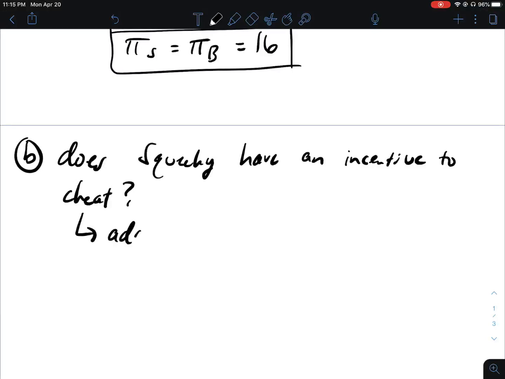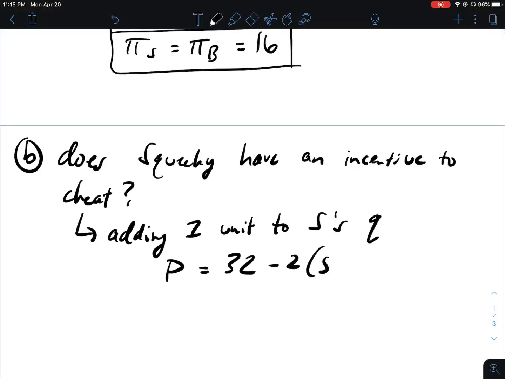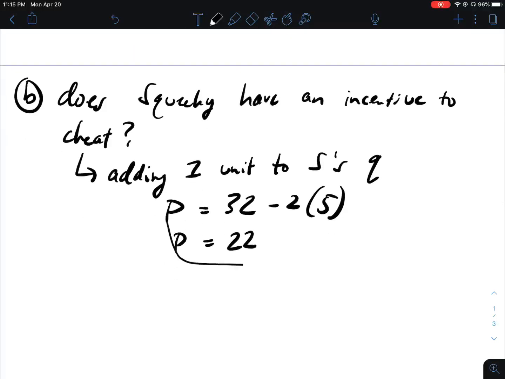That is, the market Q goes from 4 that we solved in the previous part to 5, meaning since they're splitting evenly, Squeaky Clean is producing 3 units and Biobase is still producing 2. So we plug that 5, the total market quantity, into our inverse demand curve, and we get a P of 22. So the price is lower.